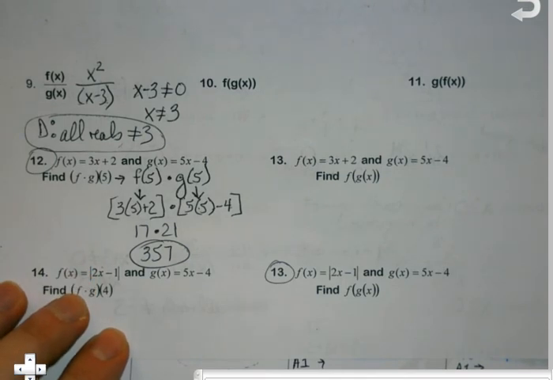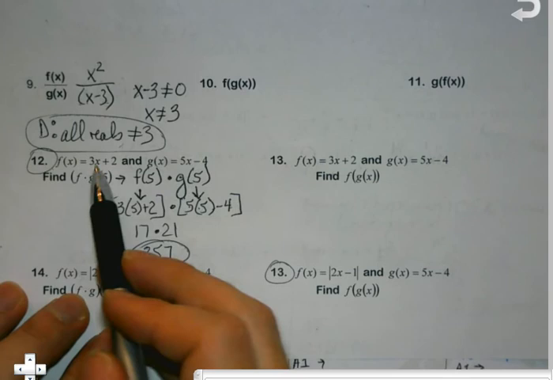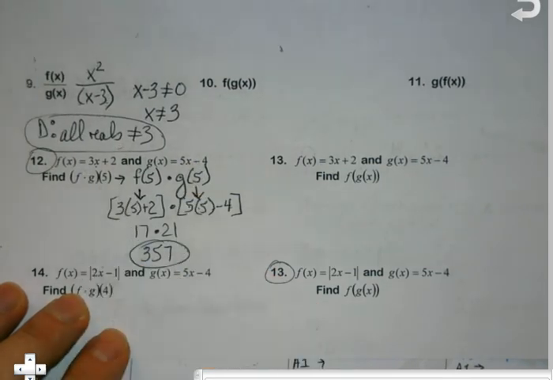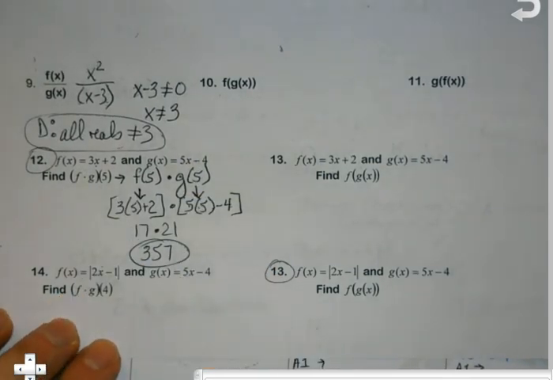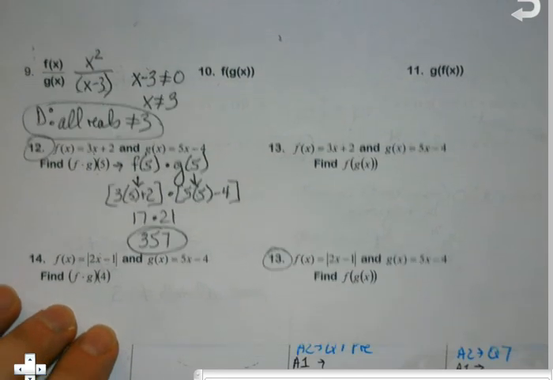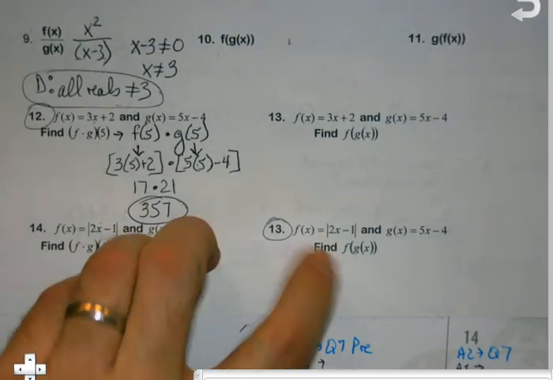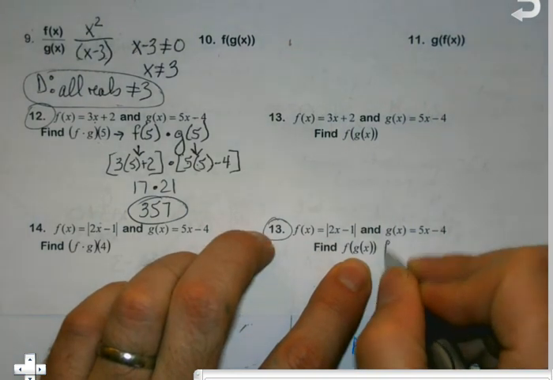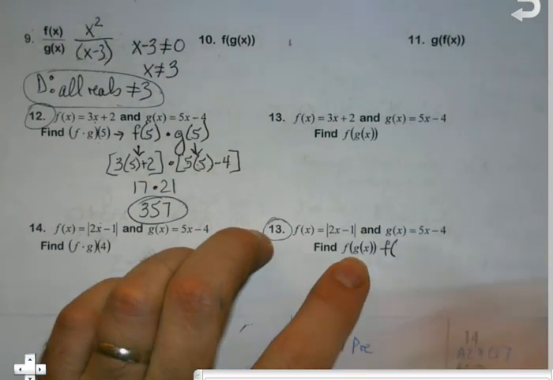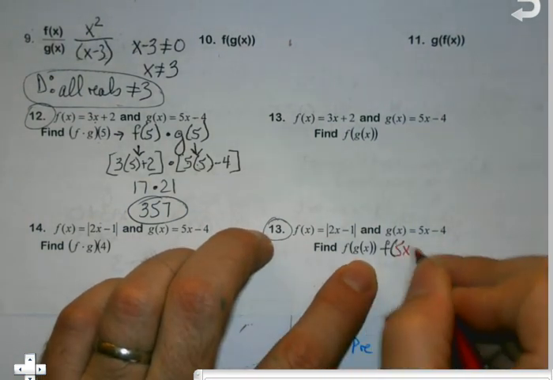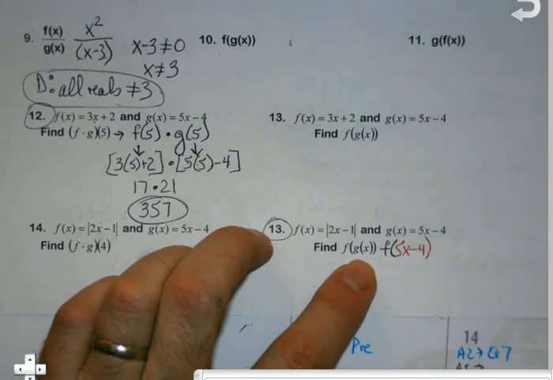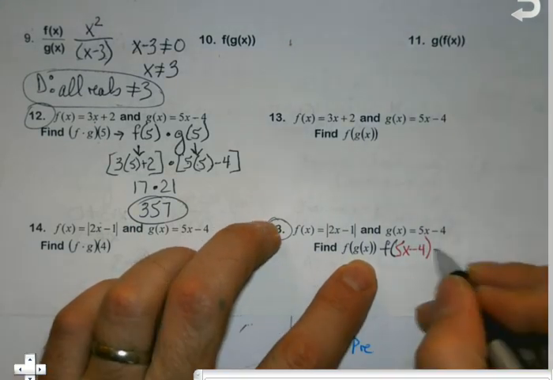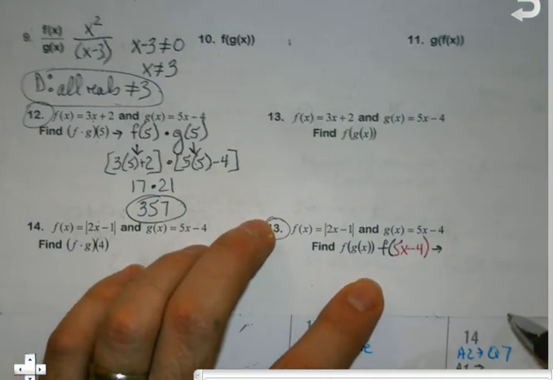So again, we're just multiplying the two things together. I could have FOILed this out and then plugged the 5 in, but I really think that was more work than it's worth. So finally, one more composition of functions here. F of g of x. So this is going to be f of, and then my g of x, 5x minus 4. So when I go to plug it in, this is going to be interesting.